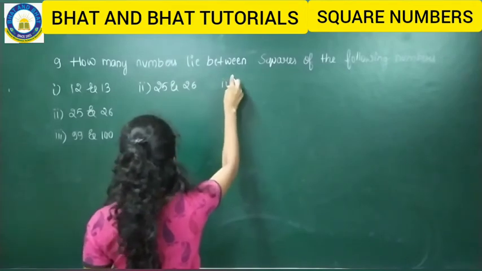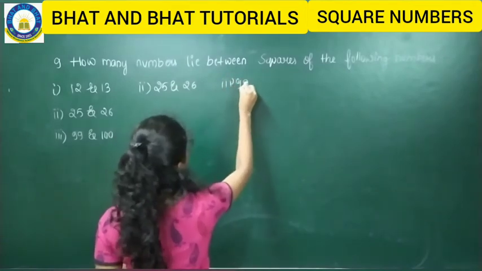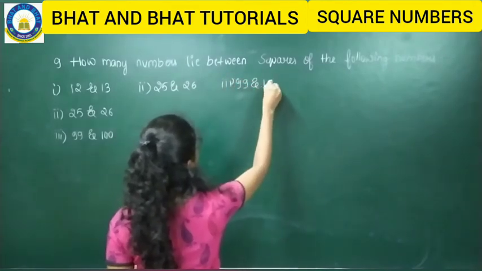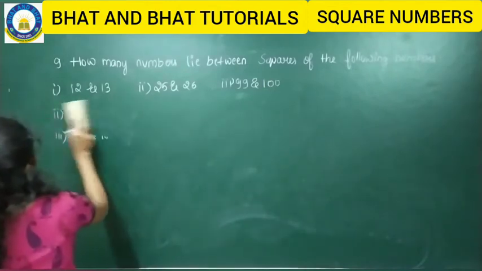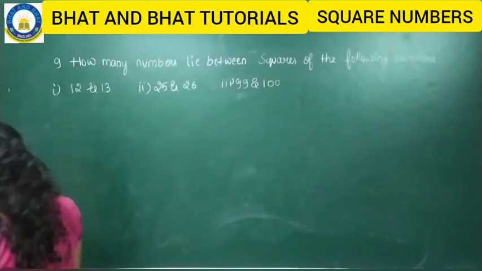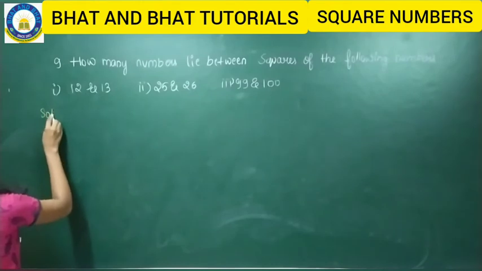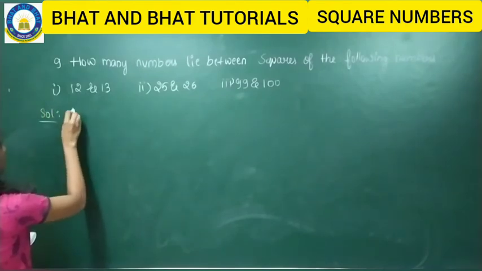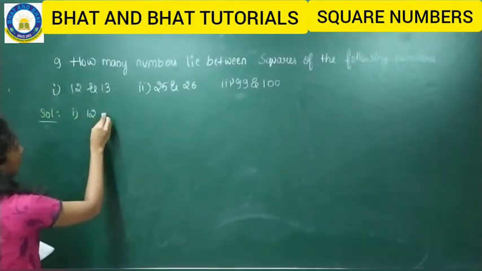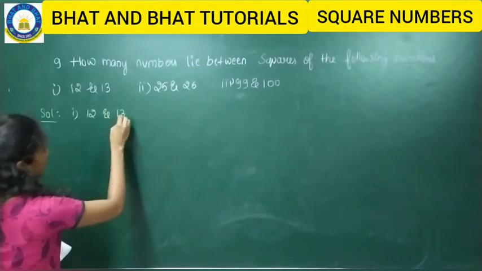And your third one, that is 99 and 100. So I'll just write the solution here. Solution, first one, 12 and 13.